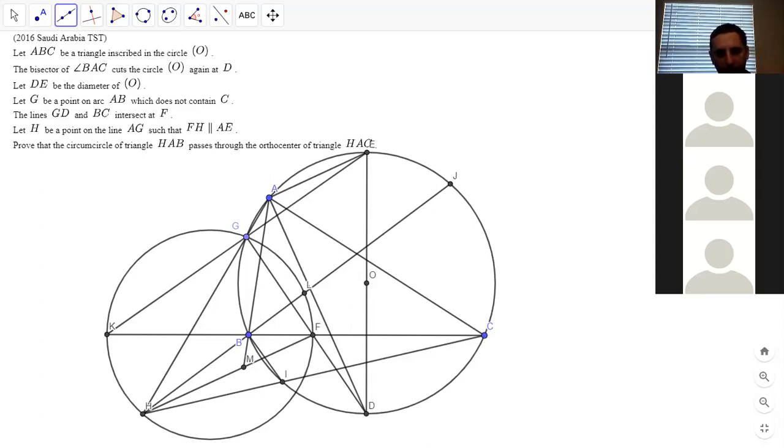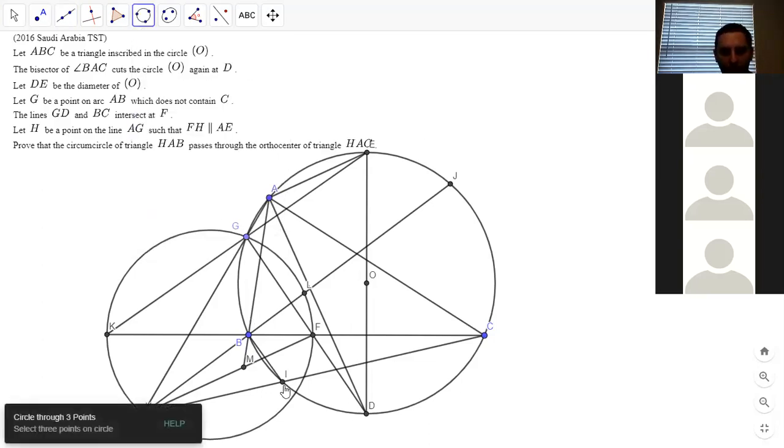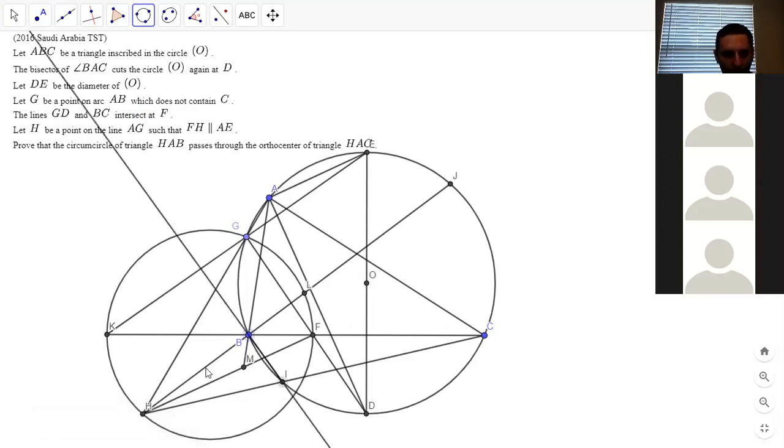There's a couple ways to do it. Maybe it would help to draw the circumcircle of HBI, to see if we could use the in-center x-center lemma.